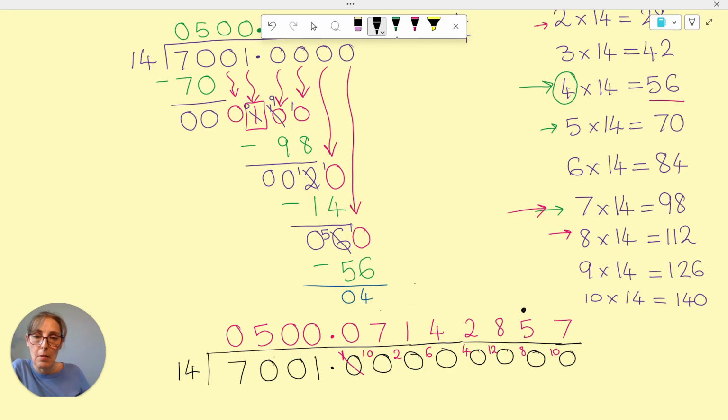By the look of it, it goes 500.0714285, and then the next number is 7. So if the next number is 7, the next number is going to be 1. So it'll be 500.0714285, 714285, 714285. So if you looked at it, that should be what it comes out with.